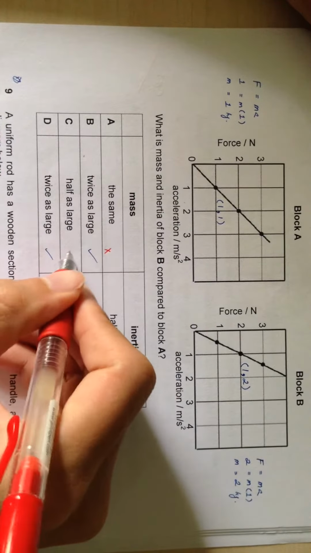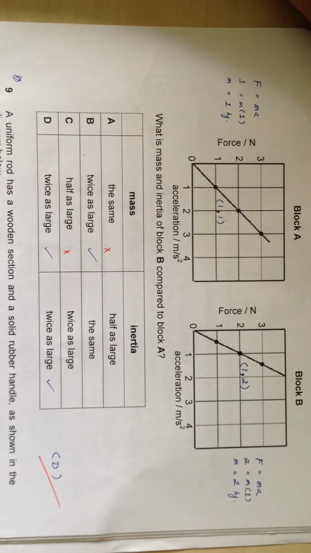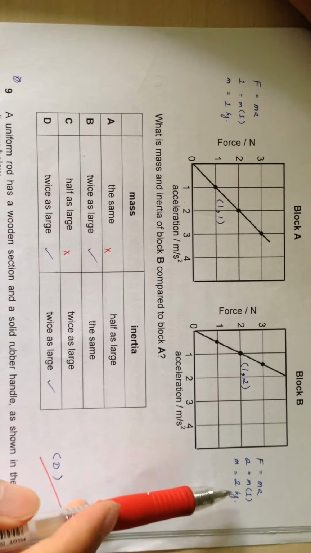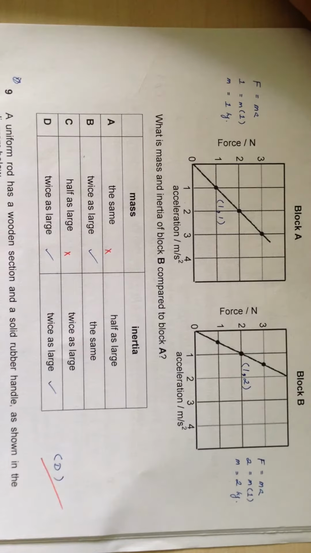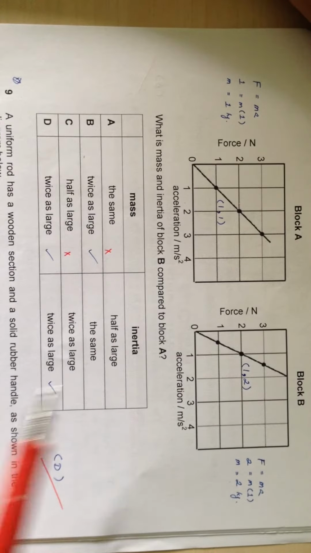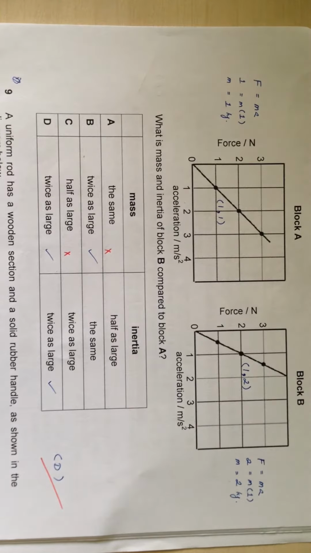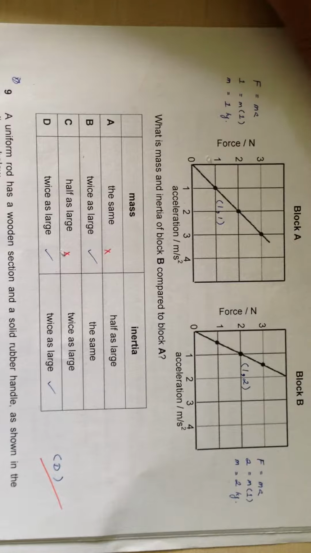With this information, I can already eliminate A and B, because the mass of B is twice the mass of A. So that's why I choose B and D. Then now I need to determine the inertia, and you know that inertia is only dependent on the mass. So if the mass is twice as large, the inertia is going to be twice as large. So that's why your answer is D.